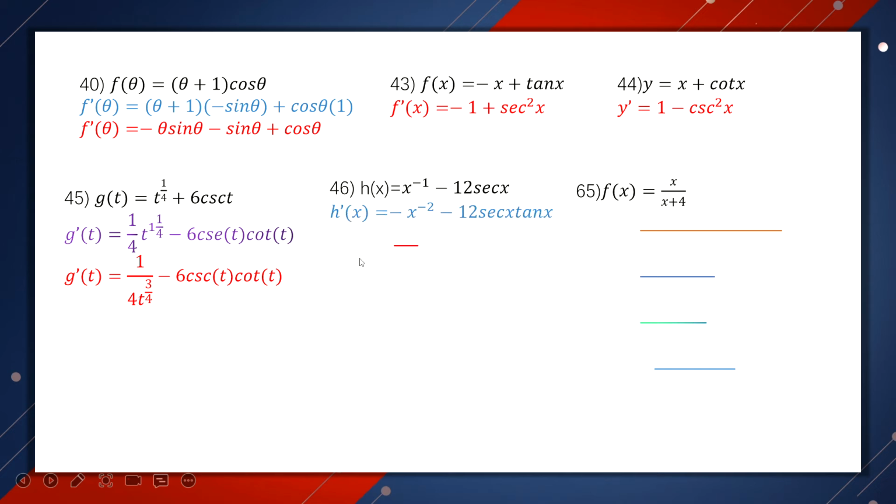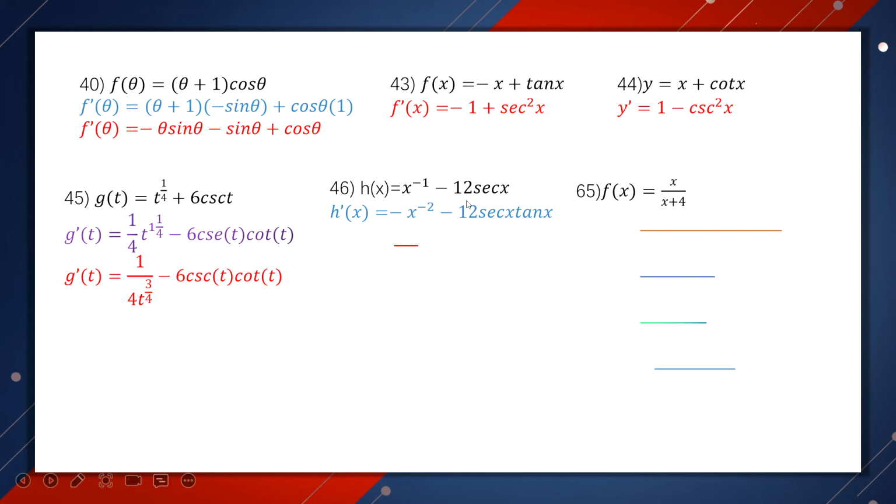Okay, in this question, h of x equal to x to the power negative 1 minus 12 times secant x. So we need to derivative it each by each. So x to the power negative 1 becomes negative x to the power negative 2, and minus 12 secant x times tangent x.